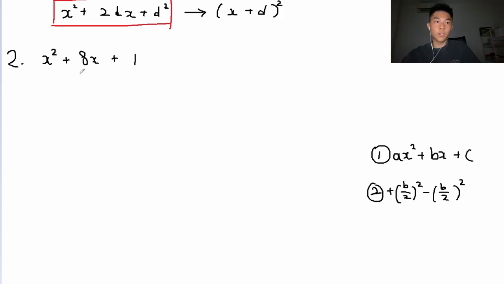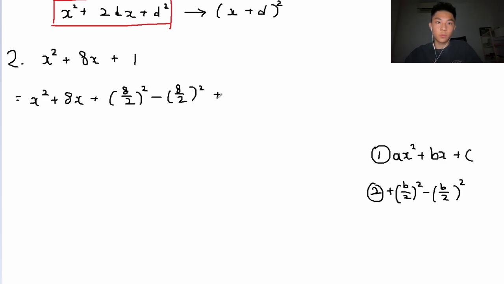So let's get our second example, x² + 8x + 1. Again, the first step has been done for us. So our second step, x² + 8x + (8/2)² − (8/2)² + 1. Notice how I slide the constant to the right. We can ignore it for now. Now let's simplify our brackets.